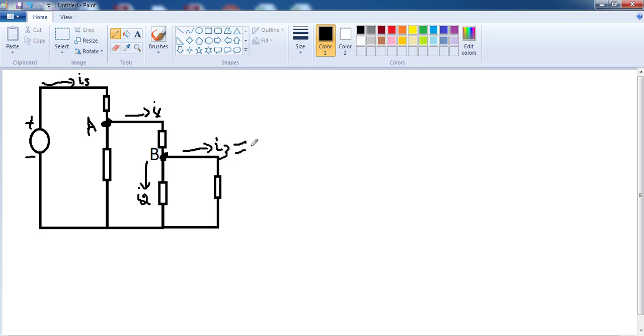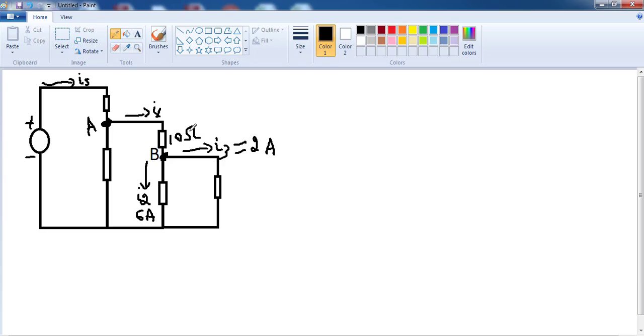Let's give some values to our currents. Let's say I3 is equal to 2 amp. Let's say I2 is equal to 6 amp. And let's say this resistor has a value of 10 ohms.